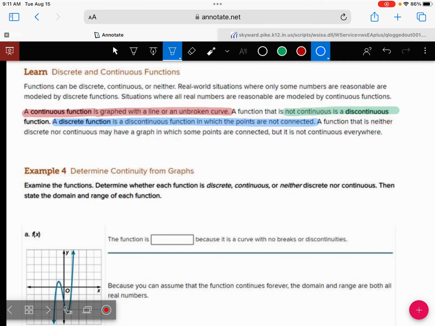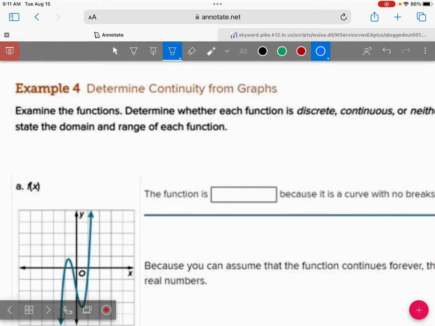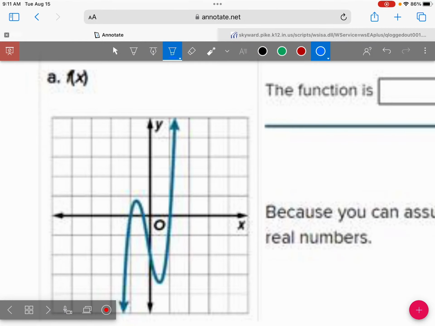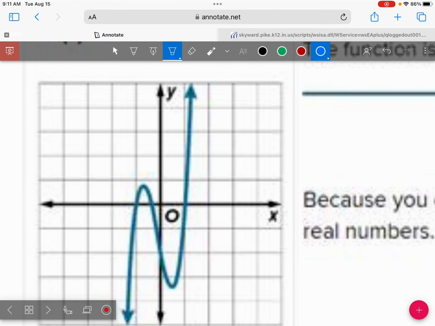So in example 4, the first thing we're going to figure out is, is it discrete, continuous, or neither? And then we're going to state the domain and range. I'm going to zoom in really closely to that graph on your paper. Do you notice how on this graph, it's a continuous line?